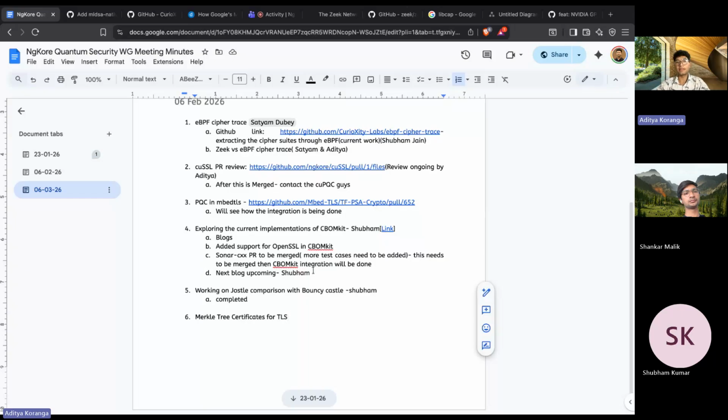Then this whole list of the Merkle tree will be put in your browsers or in your root CA store, and this list will be used for authentication. So this is, I think, very high level.